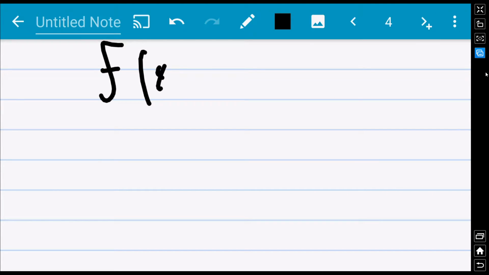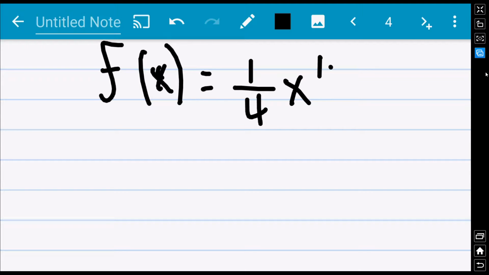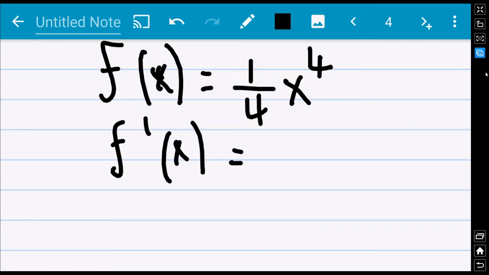f at x equals 1 over 4 x to the 4. What's that going to be? Well, f prime at x equals x cubed.